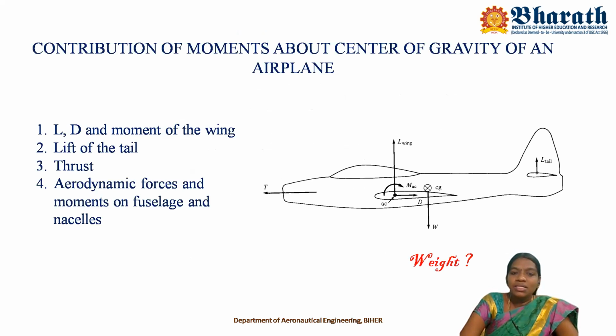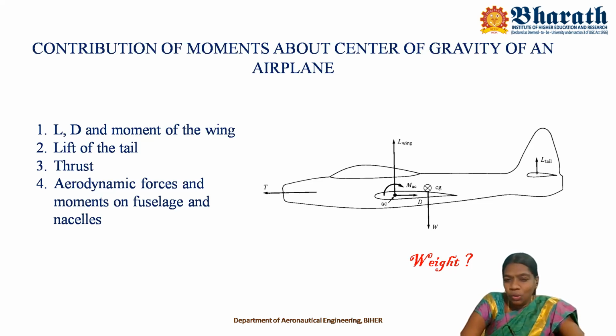The next one is the moment about the center of gravity. The point at which the net weight acts is called the center of gravity. Look at this figure. Our intention is to calculate the moment about the center of gravity.